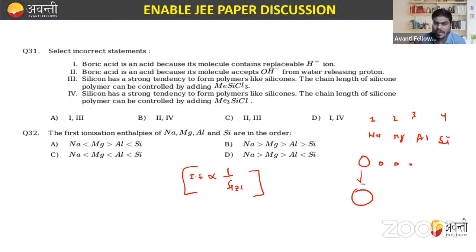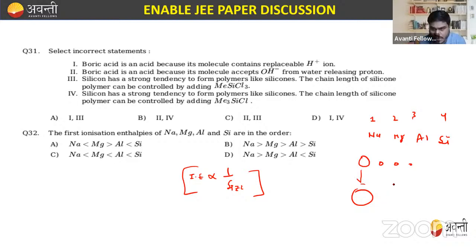From sodium to silicon, the size of silicon is smaller as compared to aluminum, magnesium, and sodium. So silicon has more ionization energy. Among these four, silicon possesses the highest ionization enthalpy as compared to the three other elements.